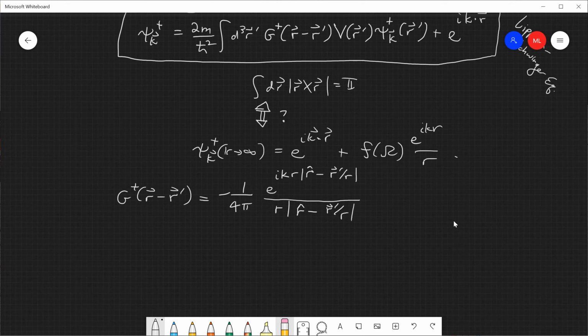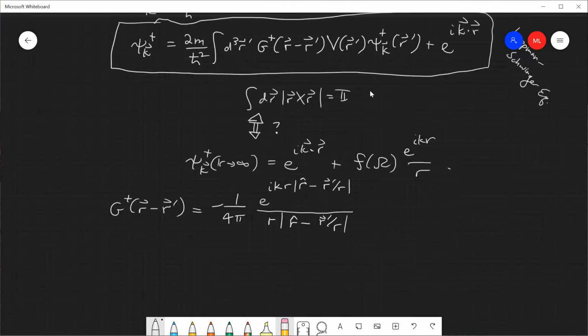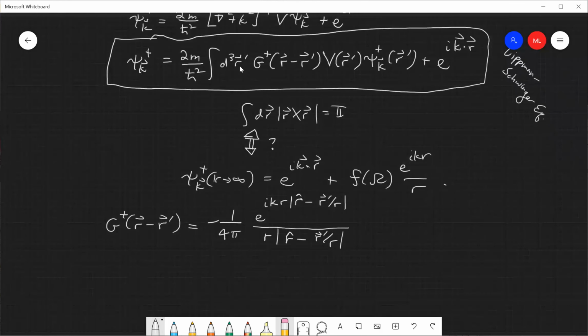Now let's think about this. What is this r prime? The r prime is our variable of integration here. And this integral is going to only contribute stuff when V is non-zero. And so the r primes kind of live in the vicinity of the target.